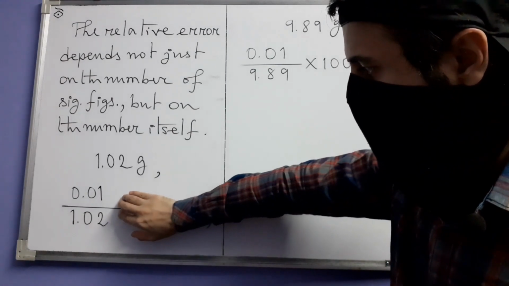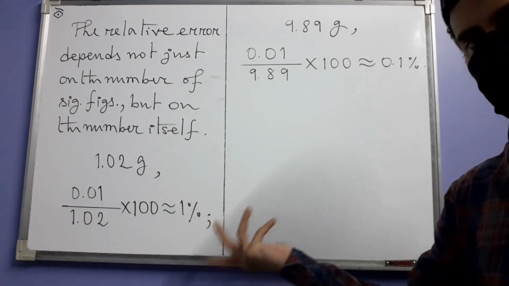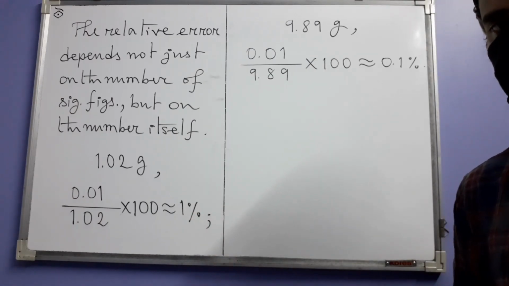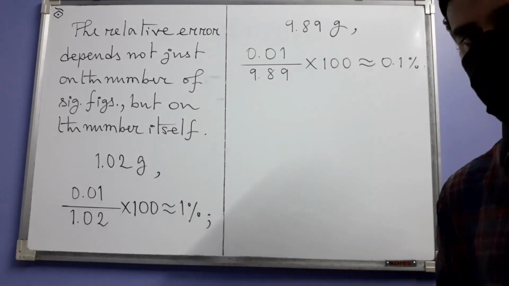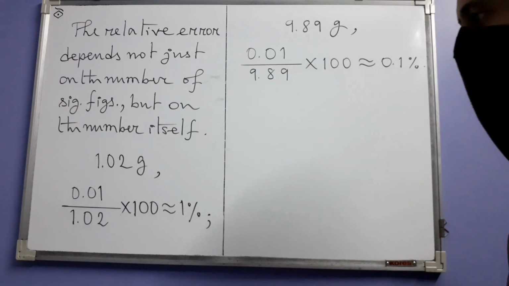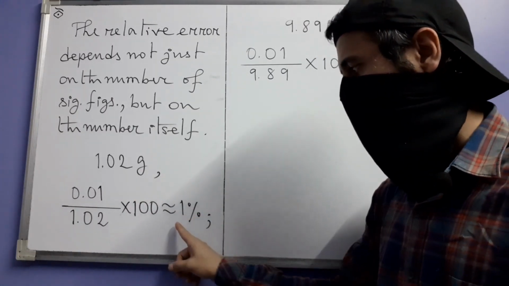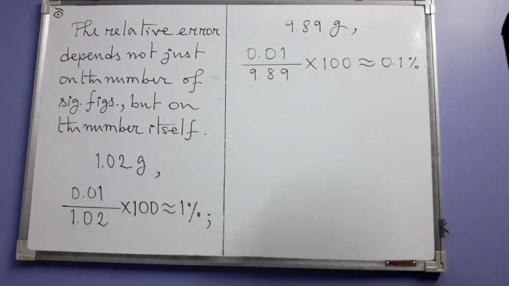The actual relative error is this ratio. But some people call it this itself relative error expressed as percentage. Okay, it's just simply a matter of multiplying or not multiplying by 100. That's just it. So the relative error in this measurement is approximately 1% when expressed as percentage.